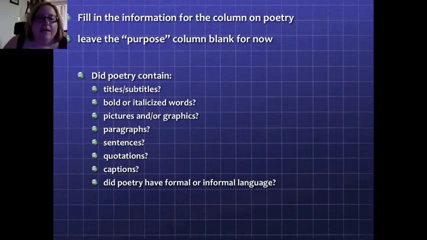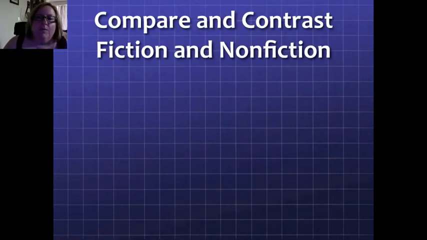All right, so we've looked at poetry and we've identified some of the text structures we see, not in all poetry, but in the poem Volcano. And now we're going to look closely at some other types of texts and the structures we see there. We're going to be comparing and contrasting.